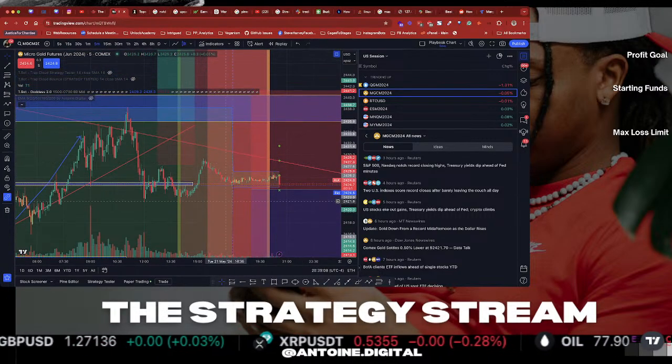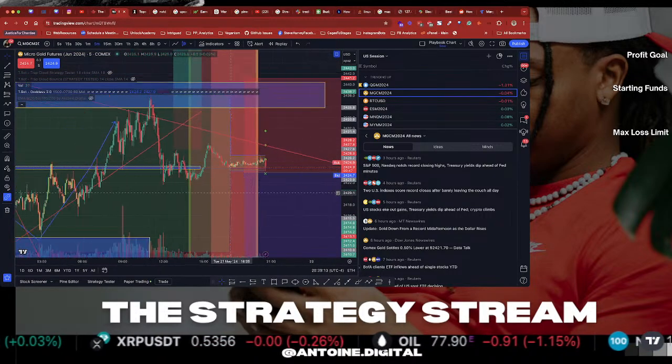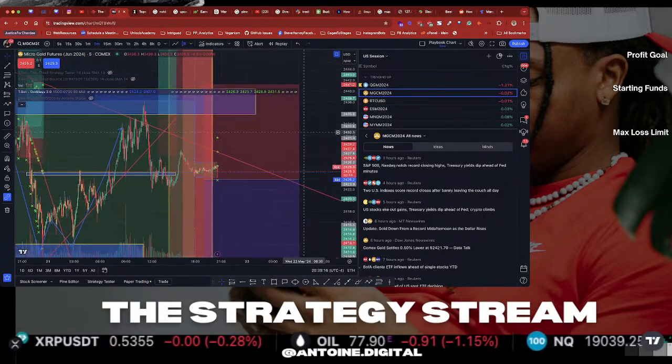There go the gold move I was calling out. This is what I'm thinking for gold. I think a short position here.